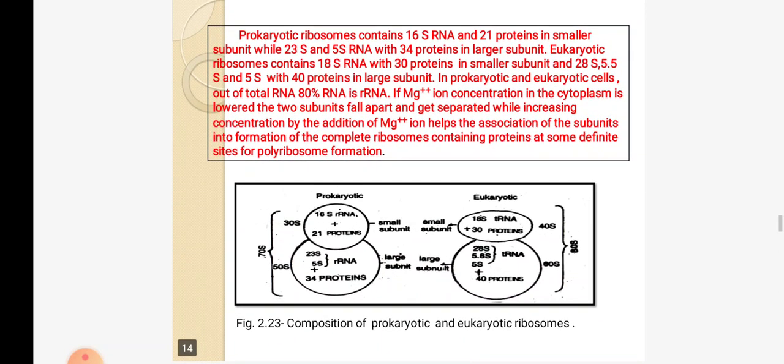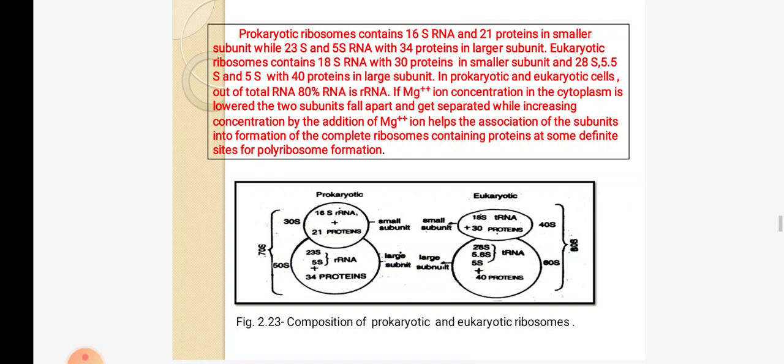Prokaryotic ribosomes contain 16S rRNA and 21 proteins in the smaller subunit, while the larger subunit has 23S and 5S rRNA with 34 proteins.